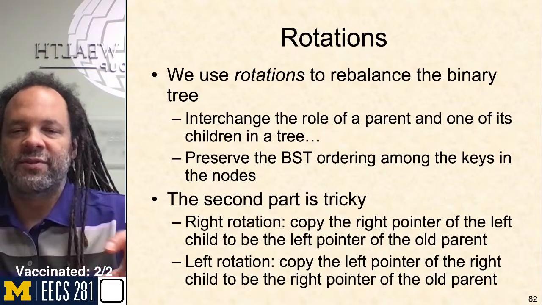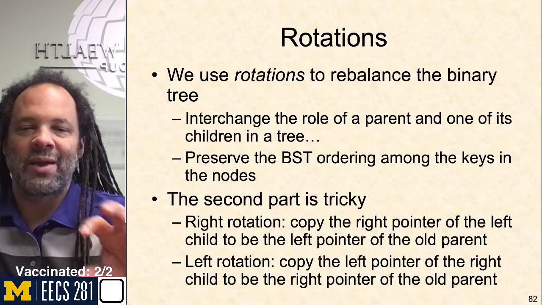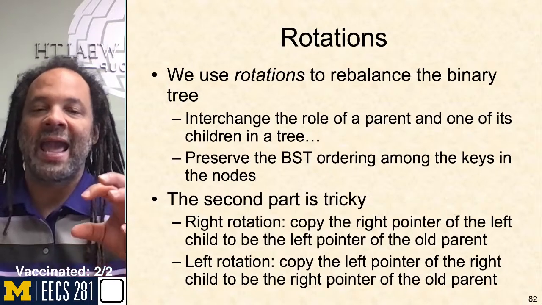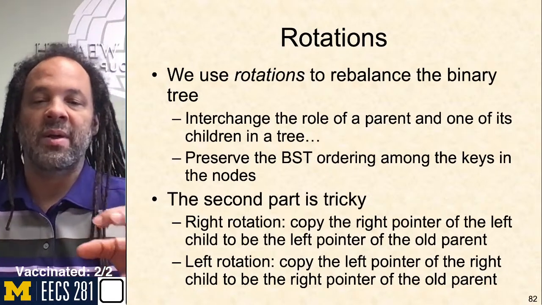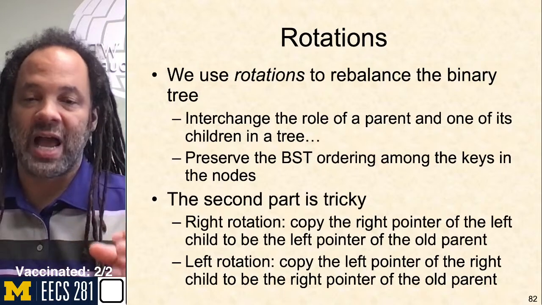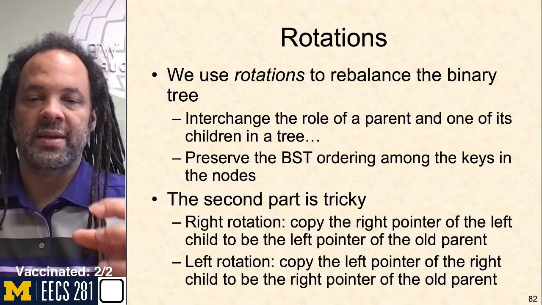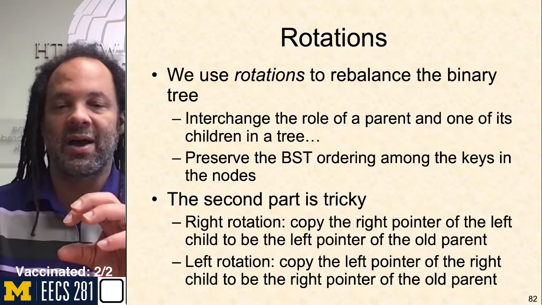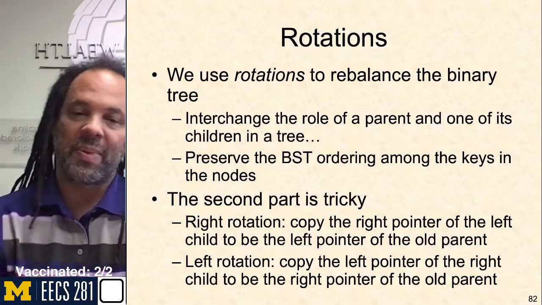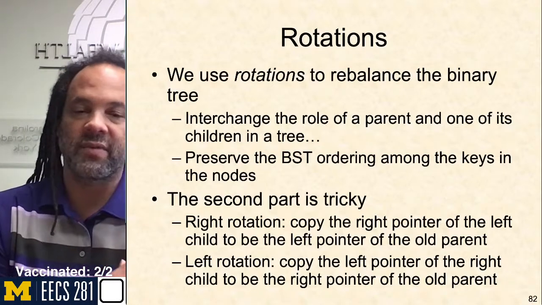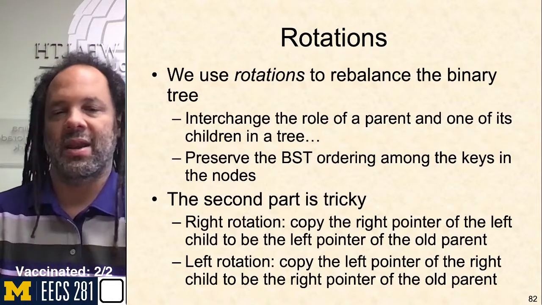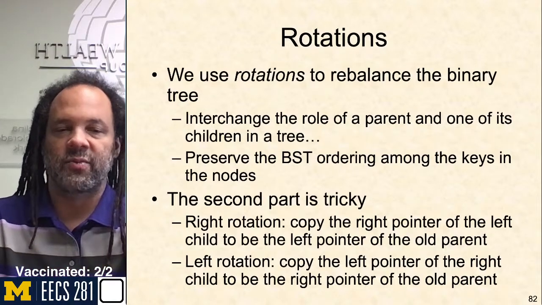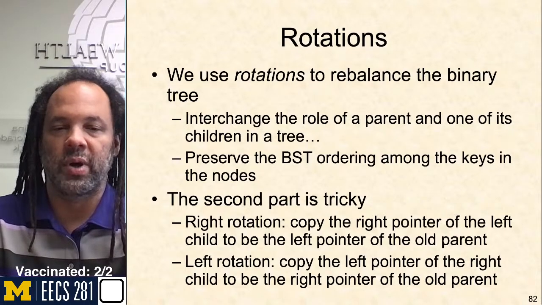When the left child has a right pointer already, in a right rotation, the left child is going to become the parent, and the parent is going to become the right child. But if the right pointer of the left child is not a null pointer, we have to pass that off to be the left pointer of the old parent. That's where the handoff is. And then the bottom one is just the mirror image of that, copying the left pointer of the right child to be the right pointer of the old parent.